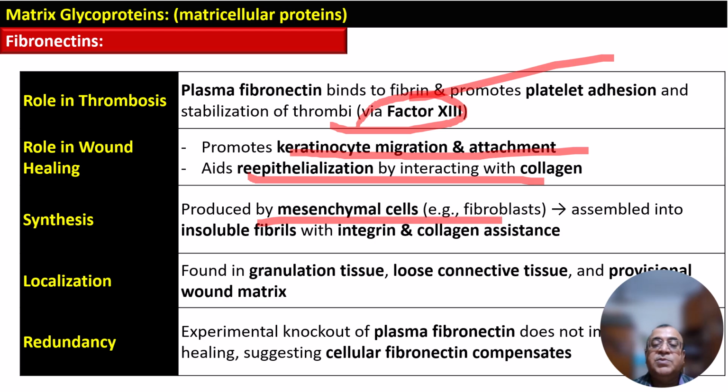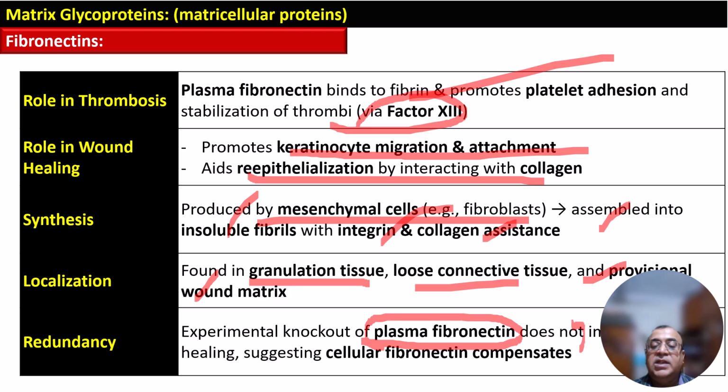The tissue type is produced by fibroblasts and assembled in insoluble fibrils with integrin and collagen assistance. It is localized in granulation tissue, loose connective tissue, and provisional wound matrix. So, experimental knockout of plasma fibronectin doesn't alter healing, because there is compensation by the cellular fibronectin.